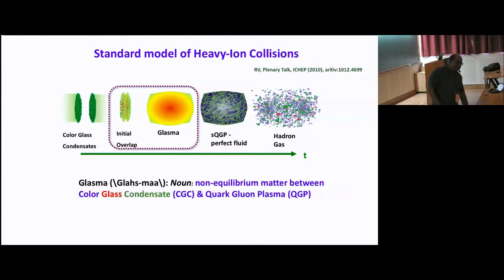So the properties of what you see here depend very much on the properties of this color glass. But it also has features similar to those of the plasma, as you will see. Okay. But just think of it as a name I coined, or someone coined.